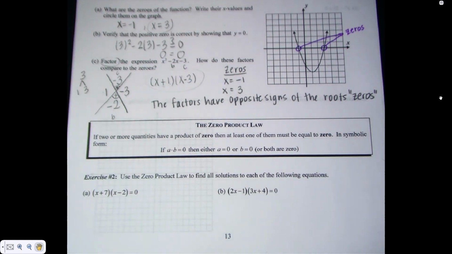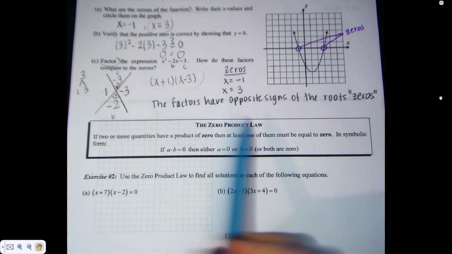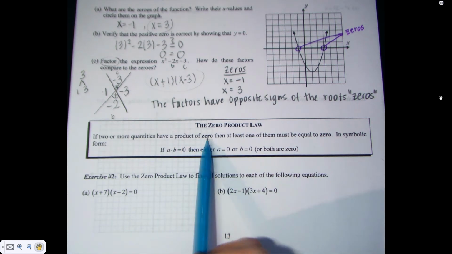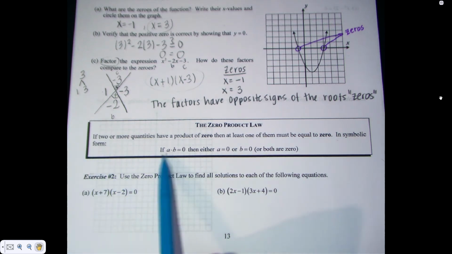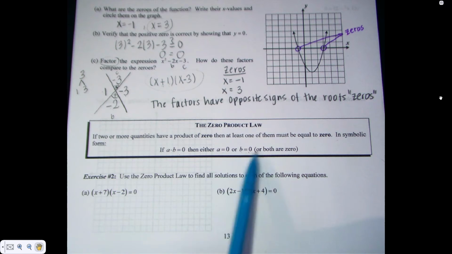When we are actually getting to solving these things, the first thing we learn about is something called the zero product law. If two or more quantities have a product of zero, then at least one of them must be equal to zero. In symbolic form, if A times B equals zero, then either A has to be zero or B has to be zero, or both have to be zero.